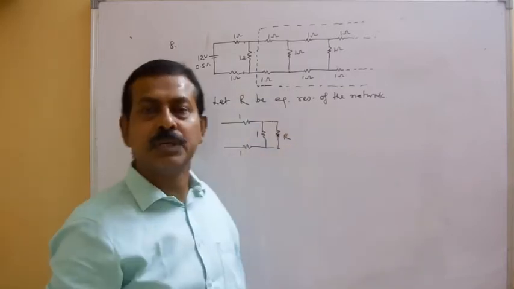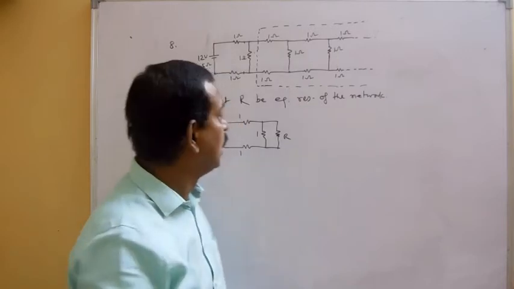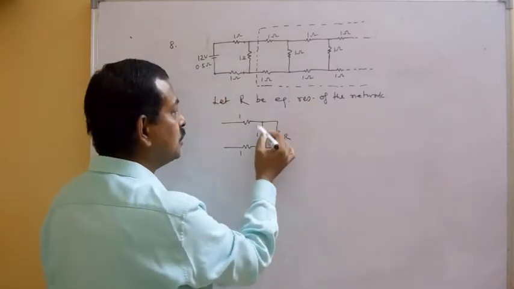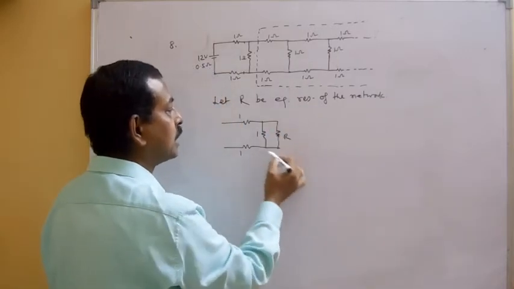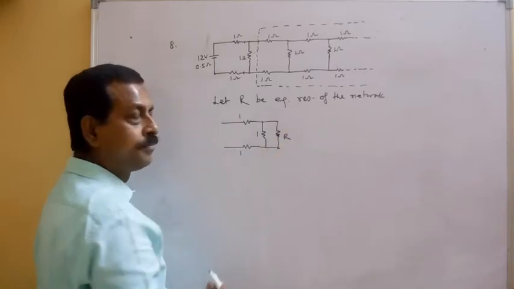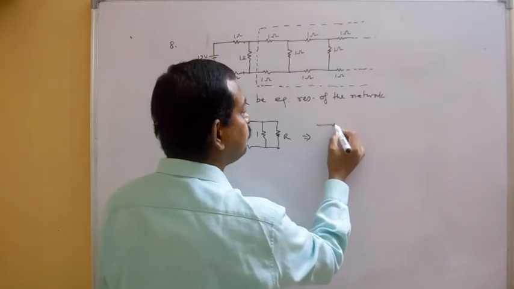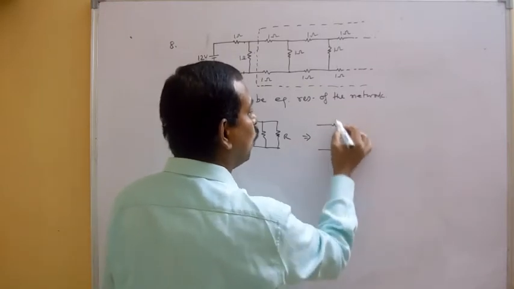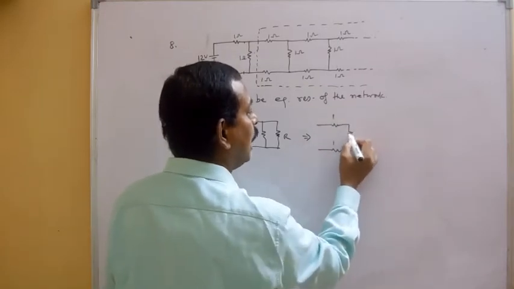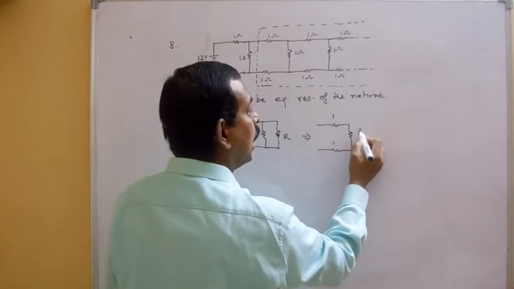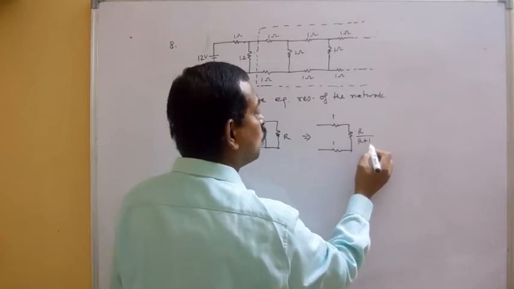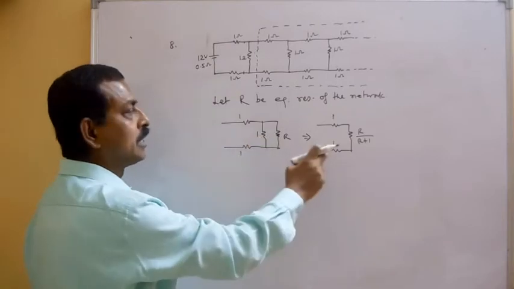Now how are the two connected? This R and 1 ohm are in parallel, so their equivalent will be R into 1 divided by R plus 1.